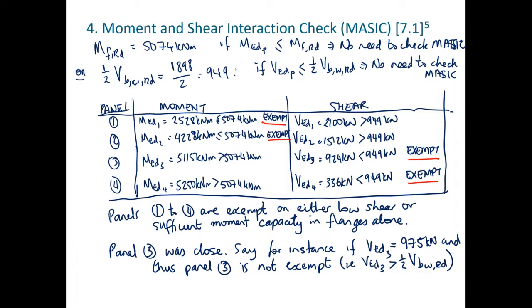So it's not exempt. So we would need to do a moment and shear interaction check for panel 3. So we're just looking at a hypothetical scenario if panel 3 wasn't exempt. So if we increase the shear demand a little bit, just to see what that means.